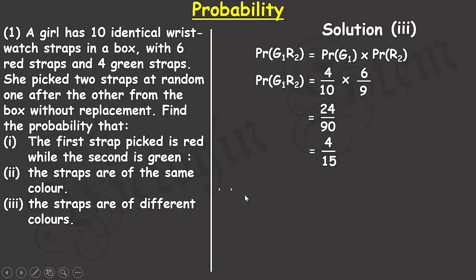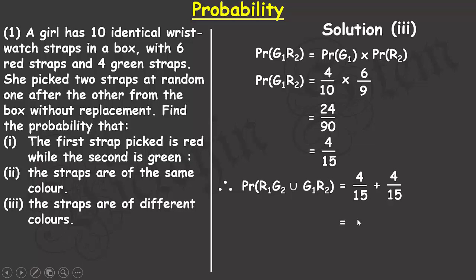Now putting the two values together, that boils down to the probability that the straps are of different colors, either a red and a green or a green and a red. So the first one, red and a green, is 4 divided by 15, plus green and a red is 4 divided by 15. So the lowest common multiple of 15 and 15 is 15. So all I need to do is just add the numerators.